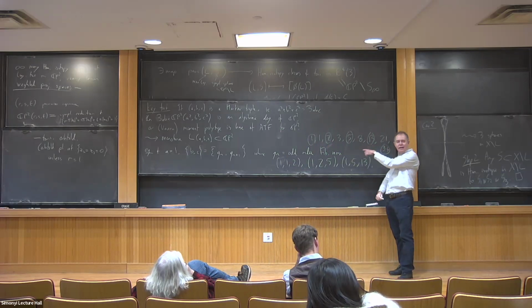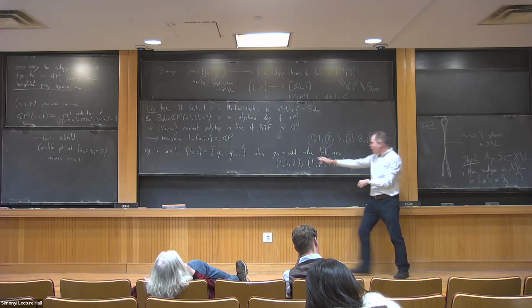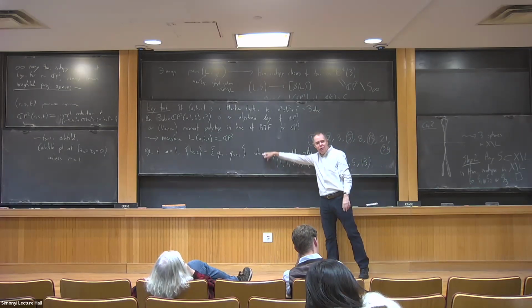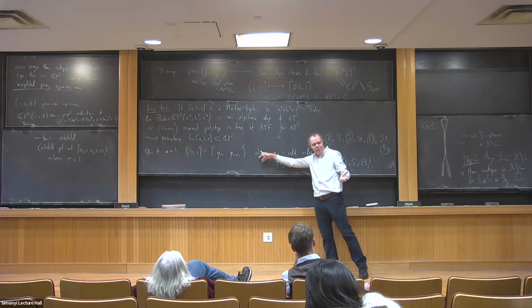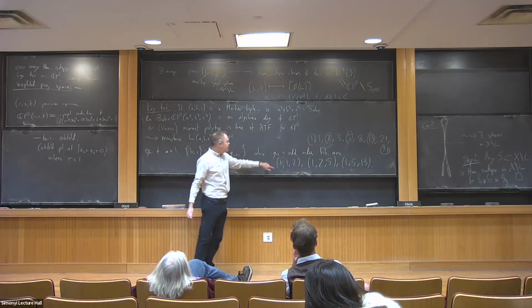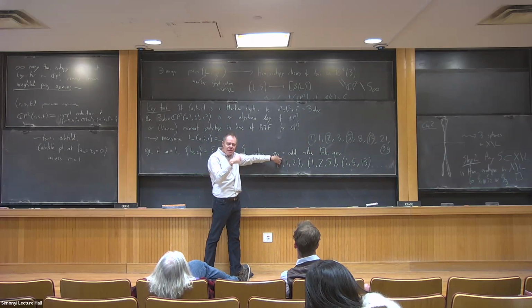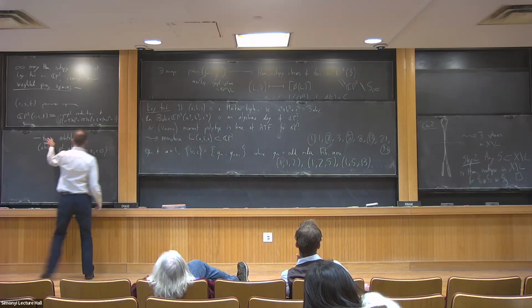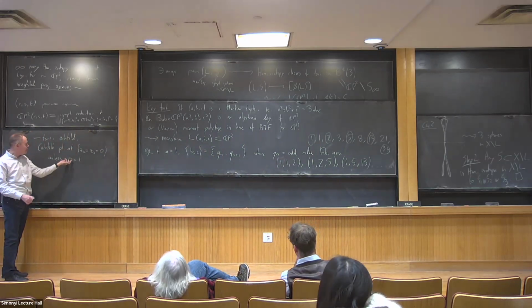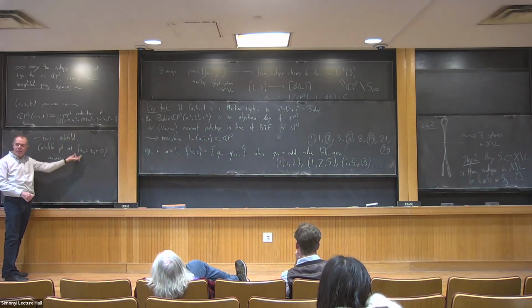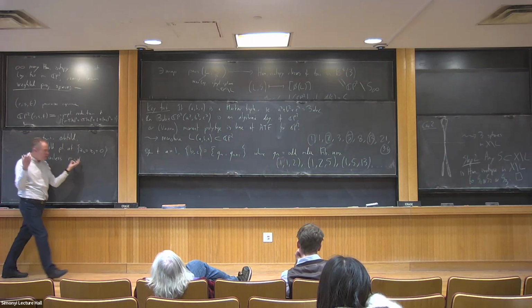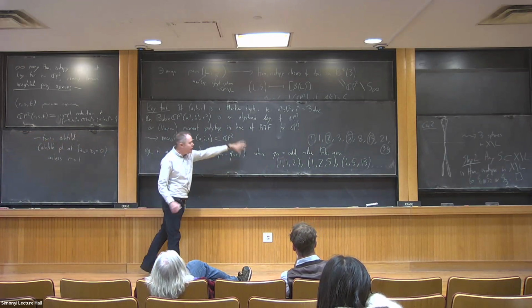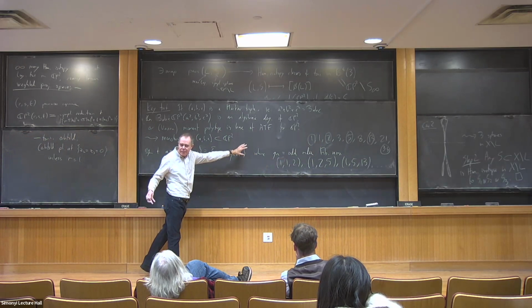So these are exactly the Markov triples where one number is 1. 1, 1, 1 as well, but we know about that: it is just the Clifford torus. So these are exactly the Markov triples which are going to have a smooth corner to the polytope, because you have orbifold points only if the parameter is not 1.